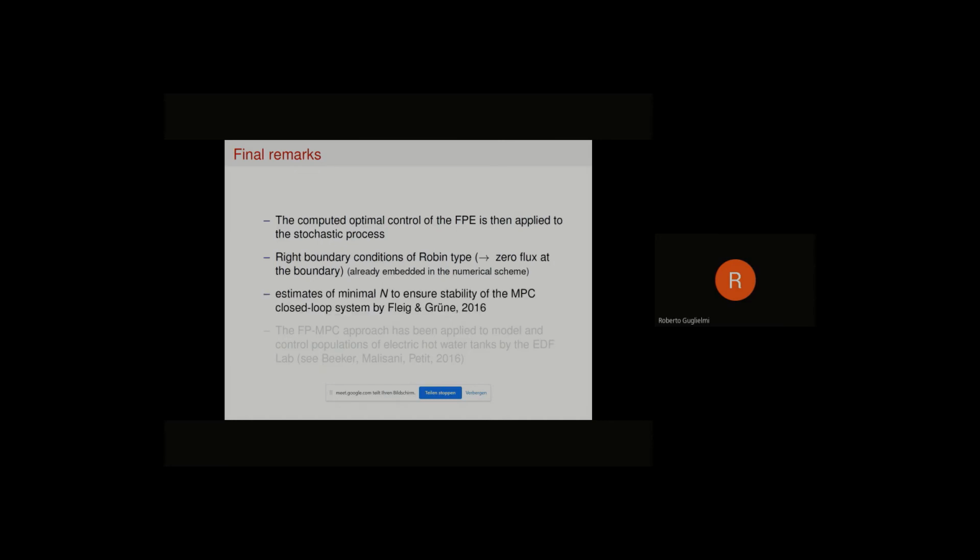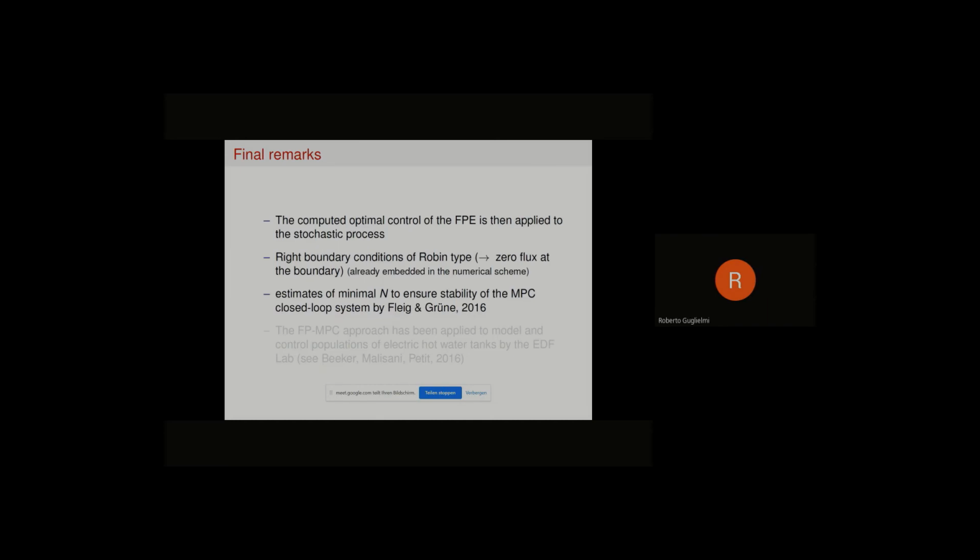Then, as I said, the model predictive control scheme must be studied in order to ensure stability, and this was done in this paper by Arthur Fleig and Lars Grüne, which, by the way, was mentioned in the first slide. I don't know if I said they are the main collaborators in this project.